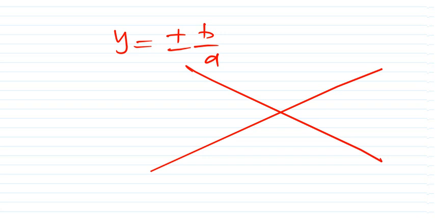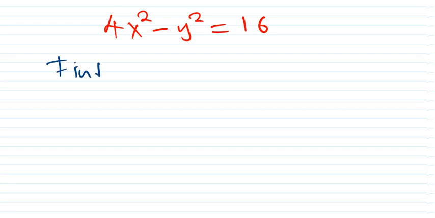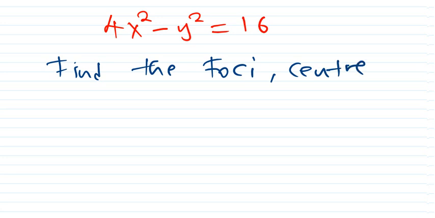Okay, so let's assume you've been given 4x squared minus y squared equal to 16. The question here is to find the foci, those two points f1 and f2, and then the center and the vertices.